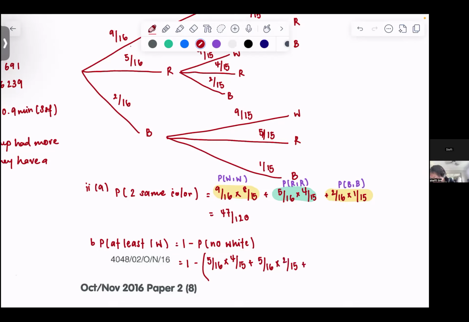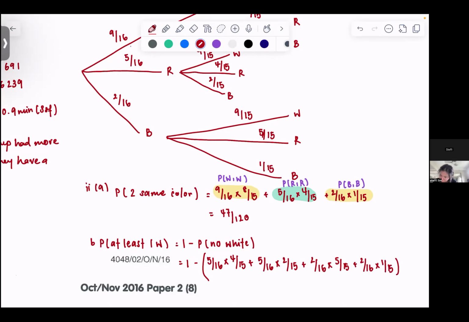Plus in the black branch, I get 2 out of 16 times 5 out of 15. And the next one is 2 out of 16 times 1 out of 15.